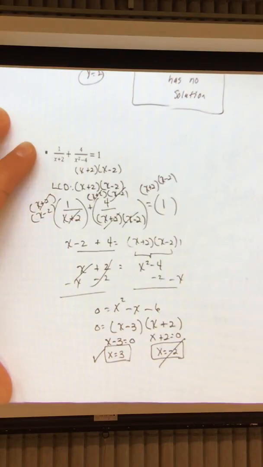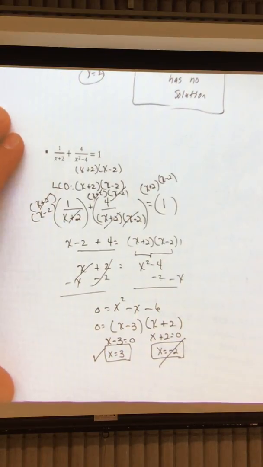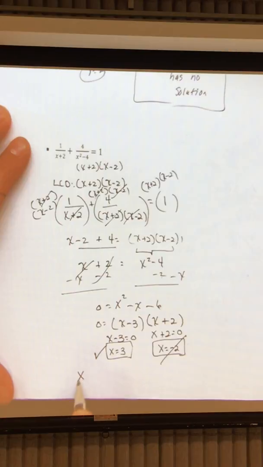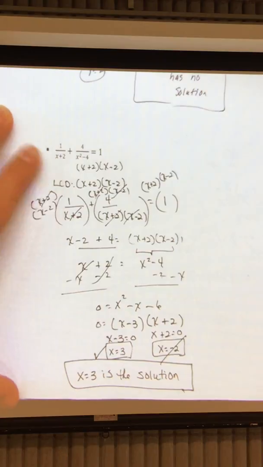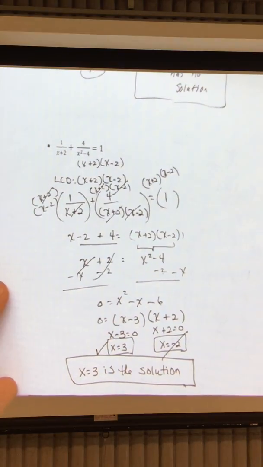Therefore, negative 2 cannot be a solution, which leaves us with x is equal to 3 as the solution to this equation. And this is the only solution because you cannot have a denominator of 0.